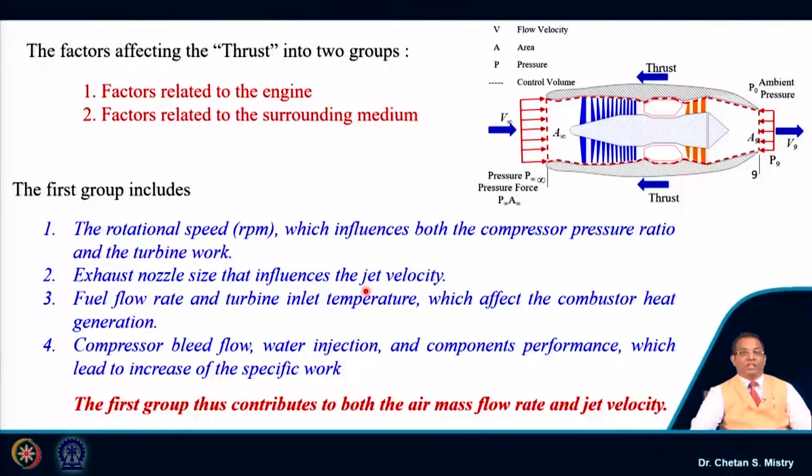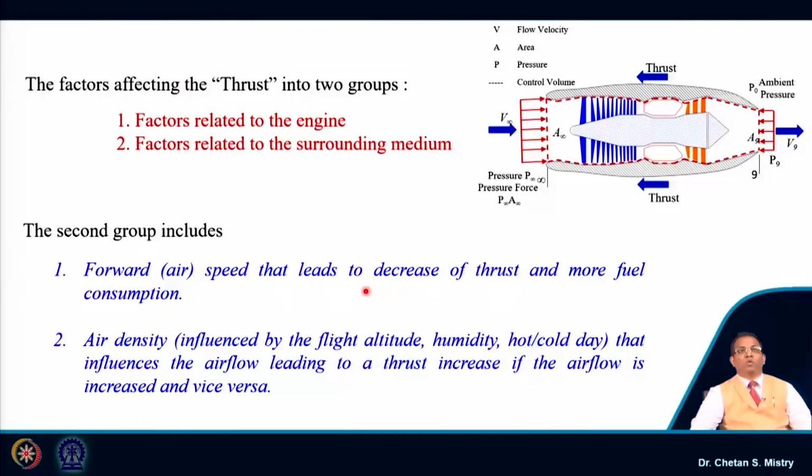Now, if we look at the second group category, it is my forward speed, which leads to a decrease in thrust, and more fuel going inside.